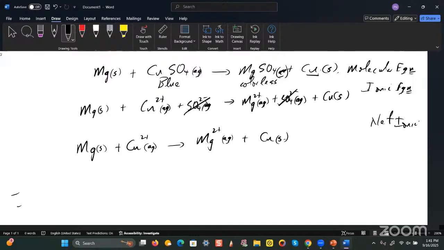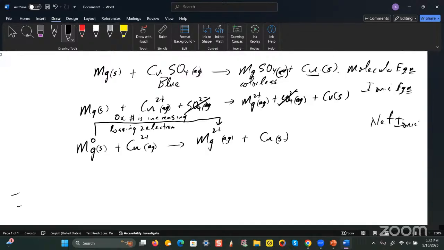So let's look at what's happening to the magnesium. Here, magnesium has no charge, right? But as you go from here to here, magnesium has a +2 charge. So therefore, the oxidation number is increasing, as a result of the magnesium losing 2 electrons, right?